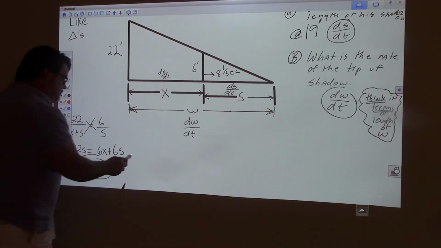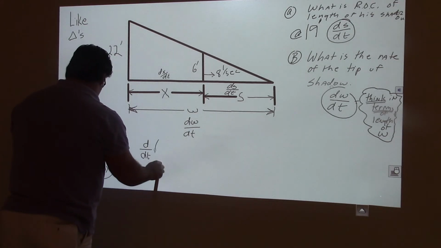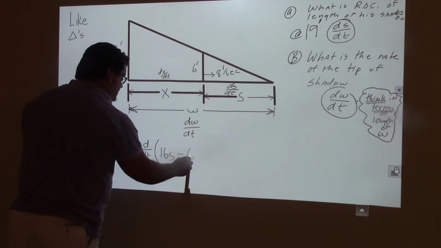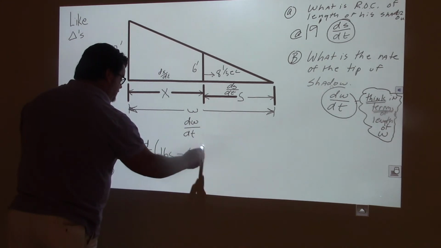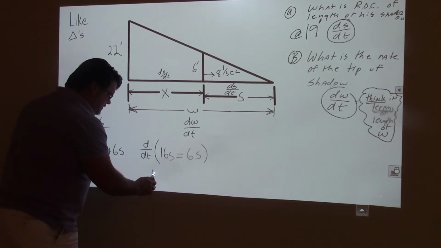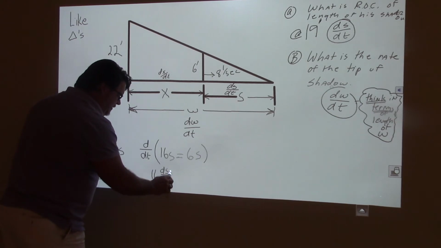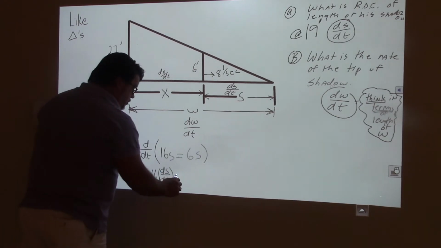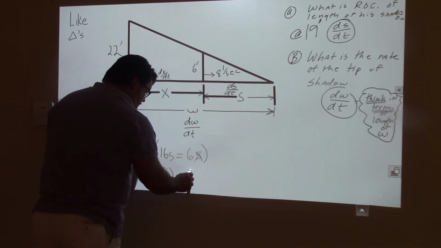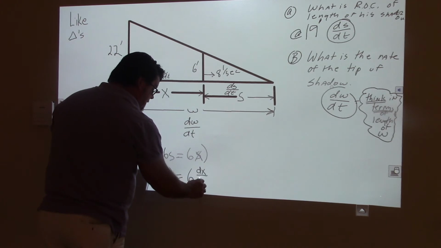All right, so d/dt of 16s equals 6x. That's going to be 16 ds/dt equals, that's supposed to be x, 6 dx/dt.